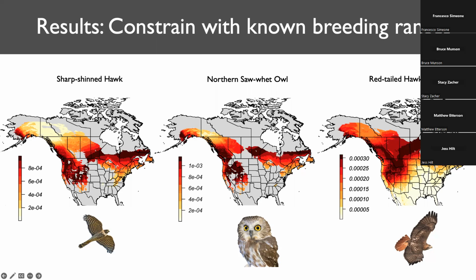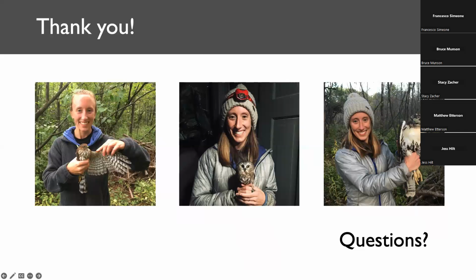The red-tailed hawk versus the Northern Saw-whet Owl and the Sharp-shinned Hawk all had different maps that they were projected on. So that's what caused those numbers. The numbers are not super useful to look at, just because they are probability densities, which is not a very meaningful value.